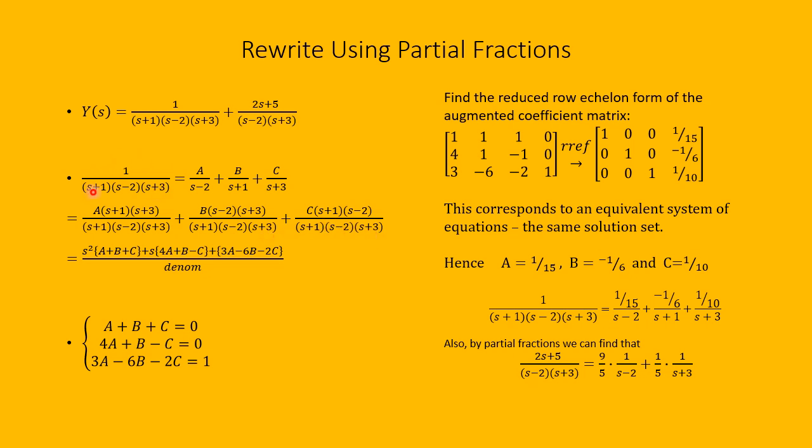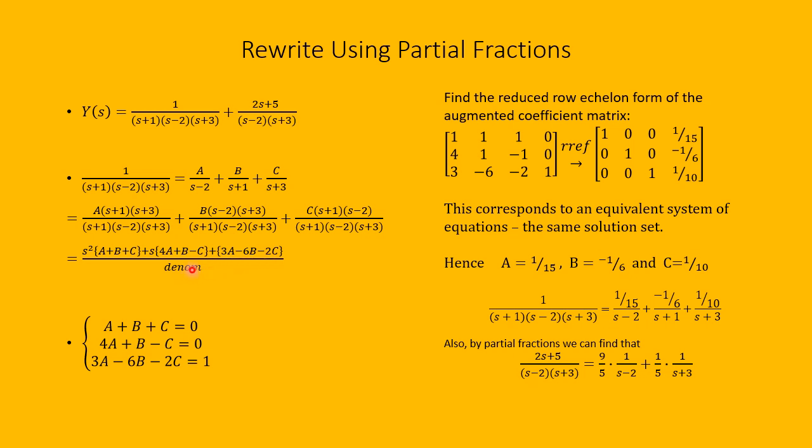So now let's multiply these numerators out and collect like powers of s. If we do that, we have s² times the quantity (A + B + C), plus s times (4A + B − C), plus a constant term, 3A − 6B − 2C, over that common denominator.